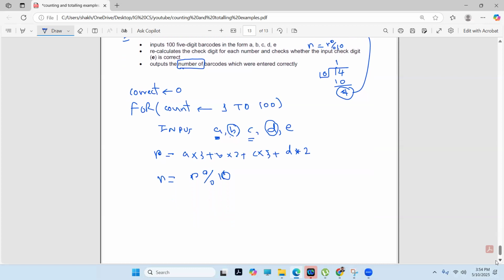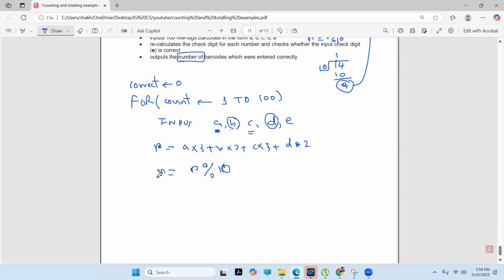Right? Now if my result is equal to E, what will happen? Then correct equals correct plus 1.